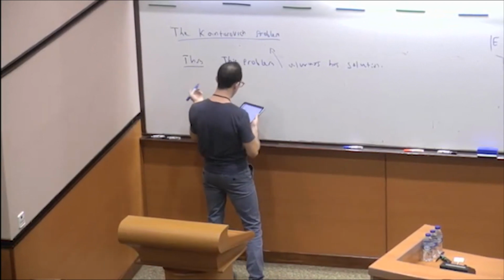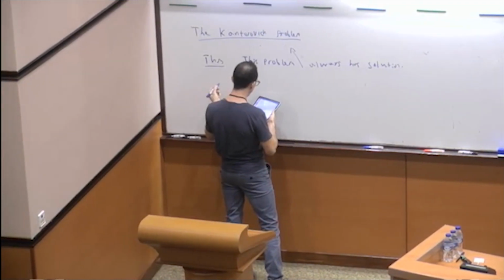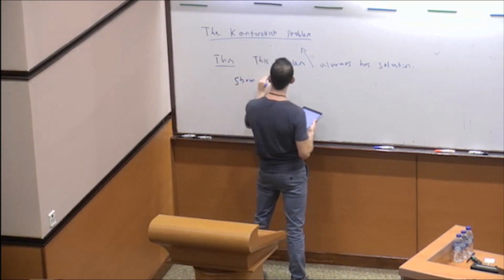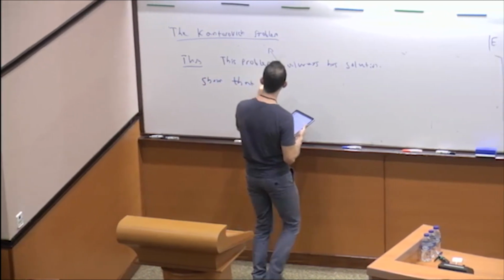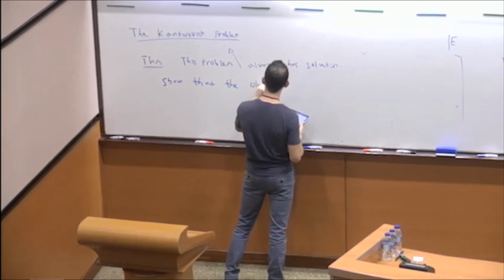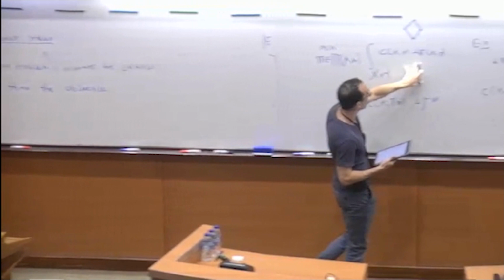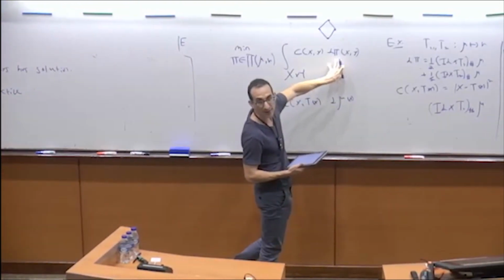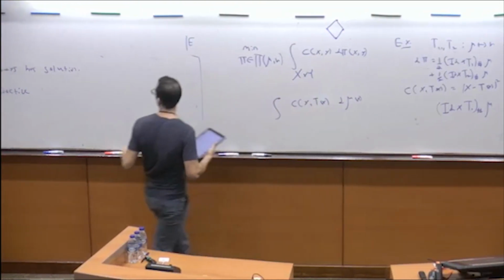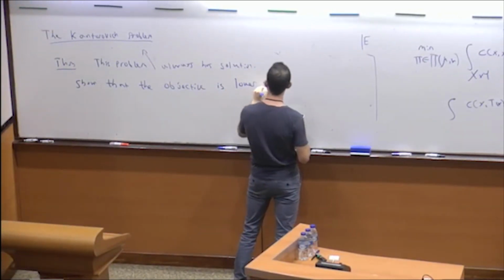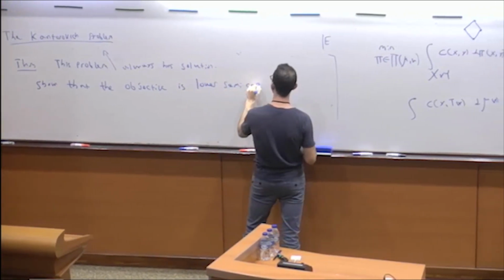And the way to do it is, you show that the objective functional, by that I mean this, which is a functional which takes pi and gives you a number, is lower semi-continuous.